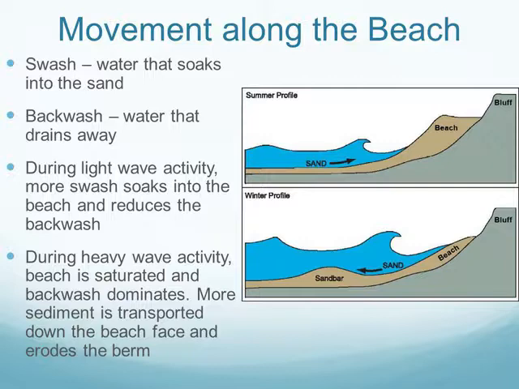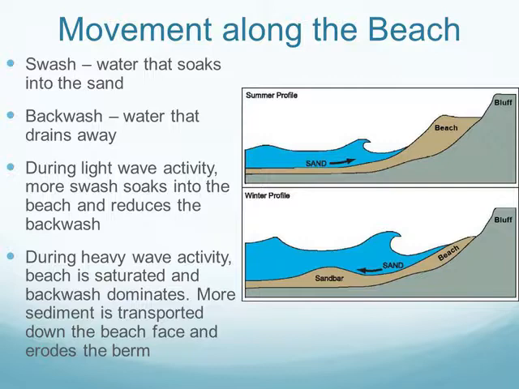So during the summertime, this swash and backwash cycle is very minimal, and a lot of that sand stays on the beach. So that's typically when you'll see a lot of light wave activity during the summertime, and you tend to have more swashing and less backwash.